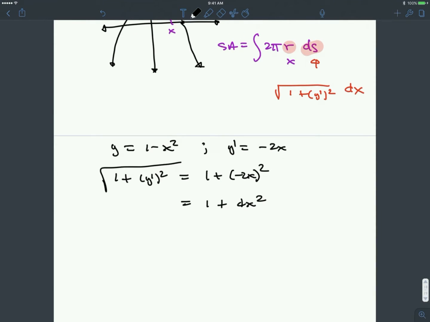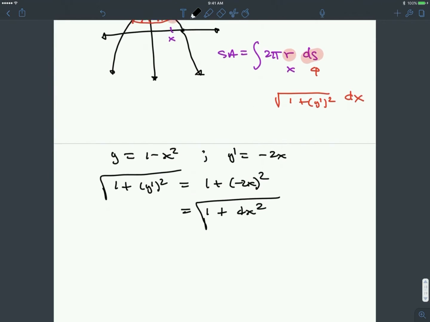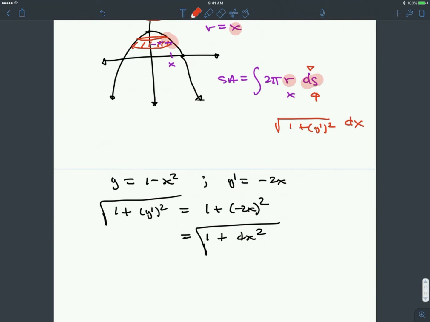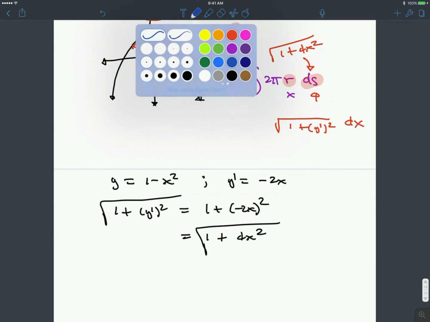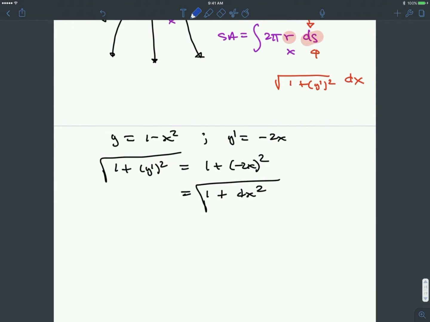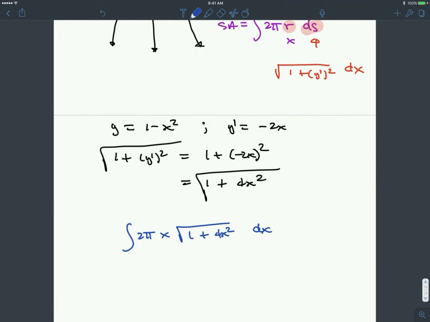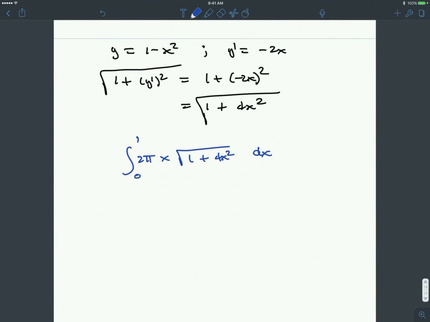We take the square root, so this ds is going to be replaced with the square root of 1 plus 4x squared. Okay. So we have now the integral 2 pi x square root 1 plus 4x squared dx, and we're going to integrate over 0 to 1.